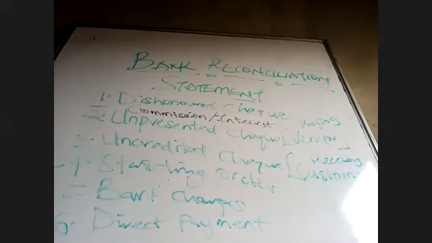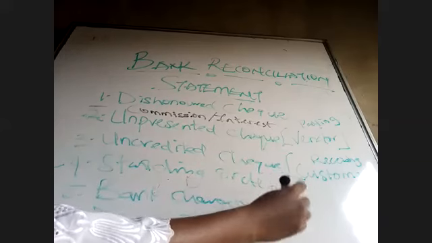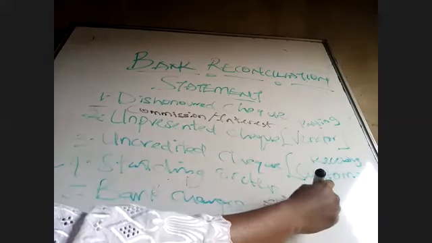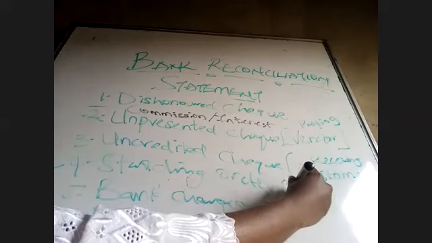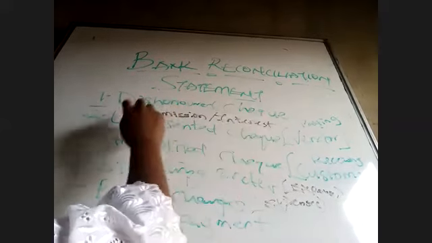It's different from an expense, because if you look at this one, standing order is an expense. An uncredited check is an income. This one is an expense. But this commission or interest can be income.